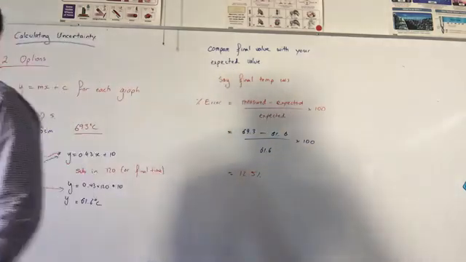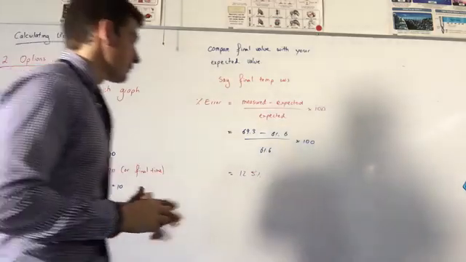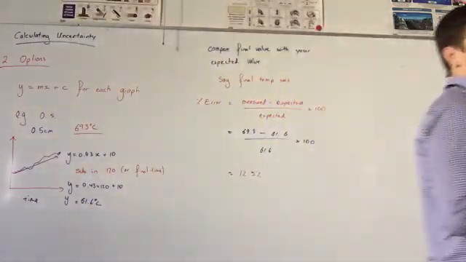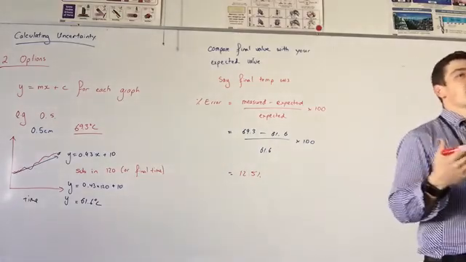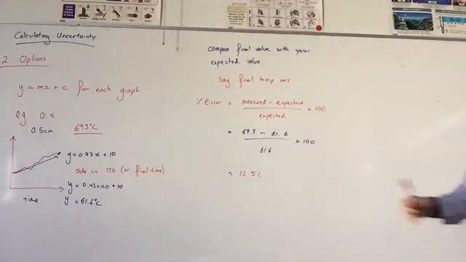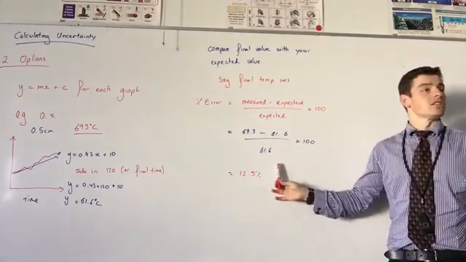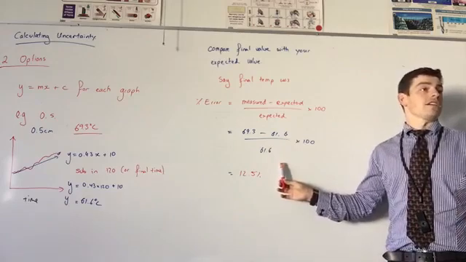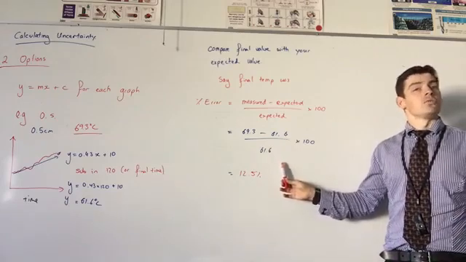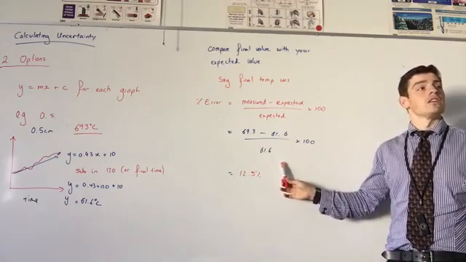Now, look. I'm fabricating this a little bit, just trying to get you something to calculate some uncertainty with. Where will we find this section of our report? In our results and our calculation section. And then how would we show this?